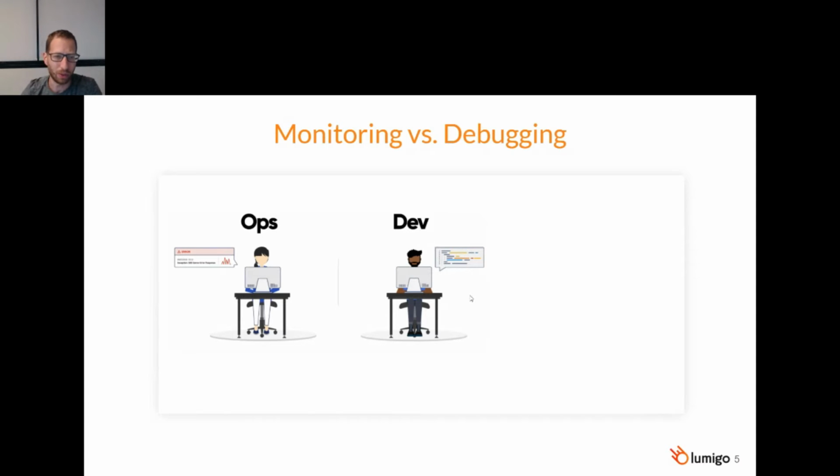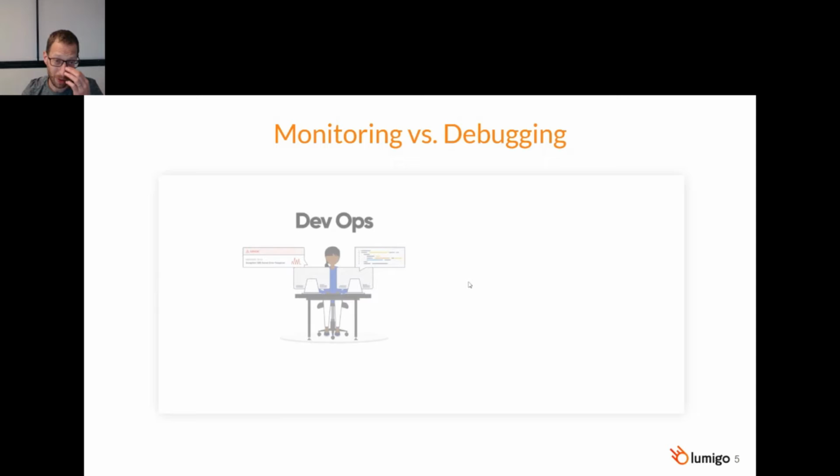When we're talking about the modern application, it's no longer like that. Ops, who used one tool, and dev, who used another tool, are merged into DevOps. Sometimes it's actually the devs who are also doing ops work. One of the challenges is that there are still two different tools, one doing the monitoring, one doing the actual root cause analysis and debugging.